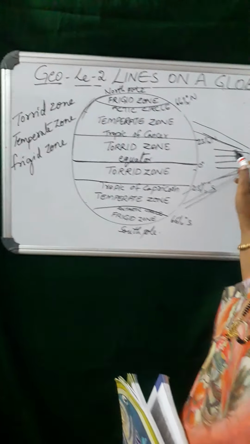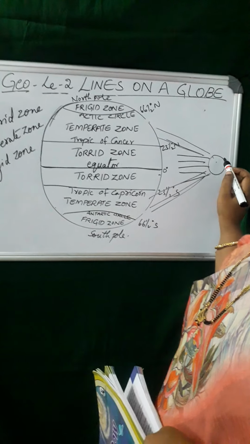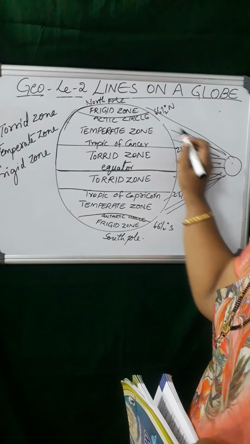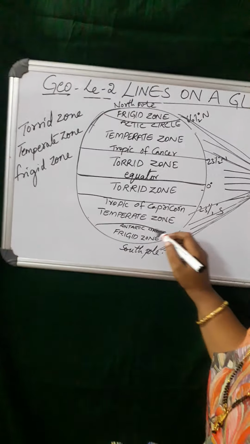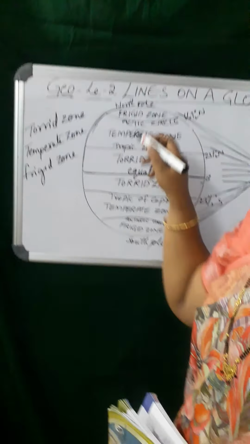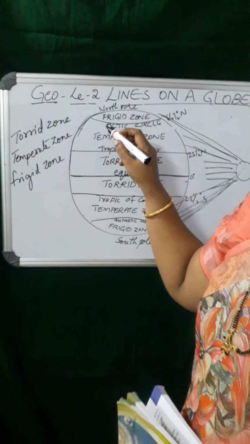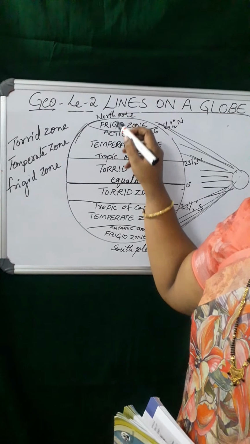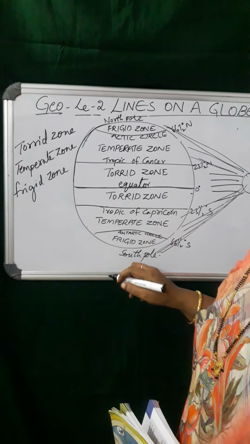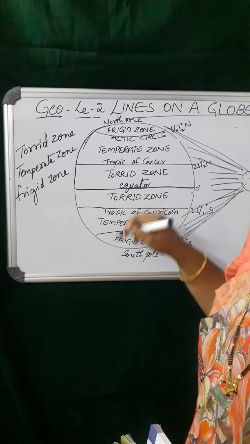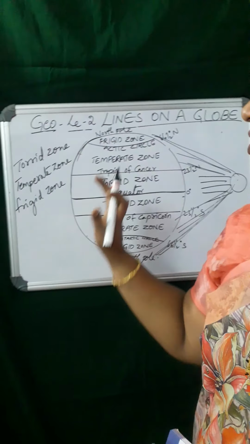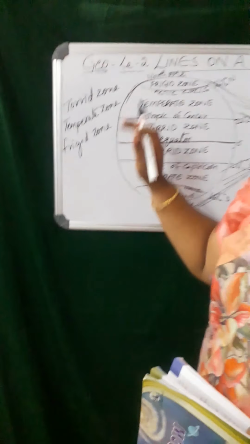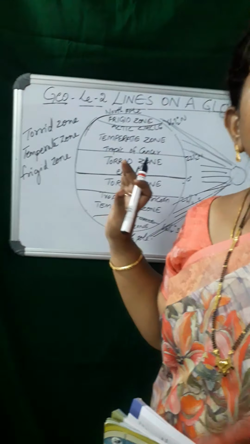Why? Because here the sun's rays are very far slanting, and the rays fall very far. The places from the Arctic to the North Pole and from the Antarctic to the South Pole belong to the frigid zone, and the temperature is very cool.